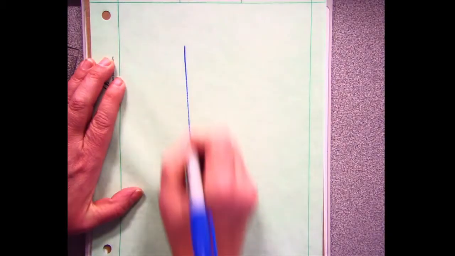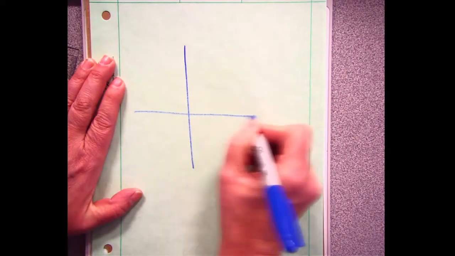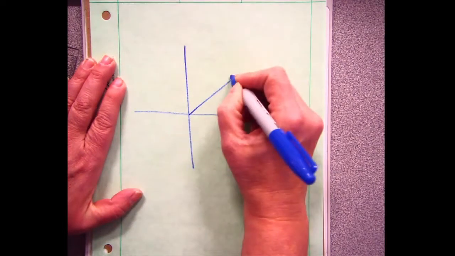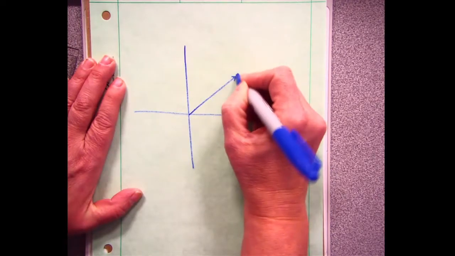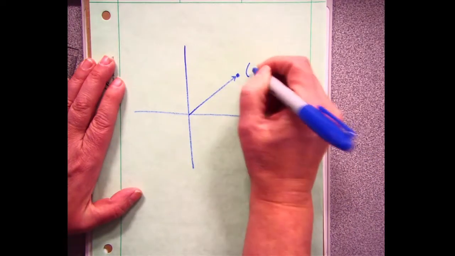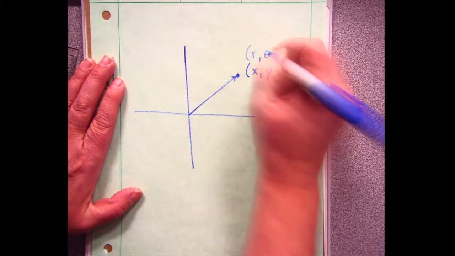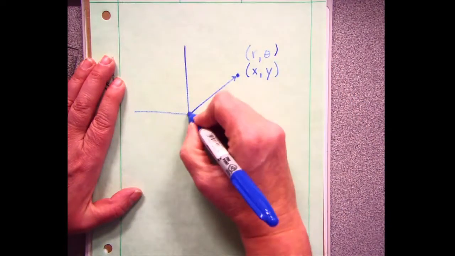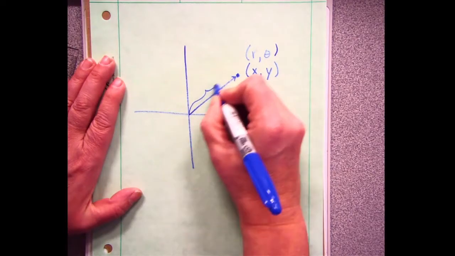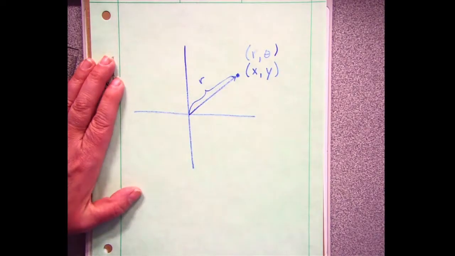So if I do that, let's do my lovely little coordinate system. So here's my point that I'm looking at. And I can have this point in X, Y, or I can have this point in R, theta. R would be the distance between my origin to the point.